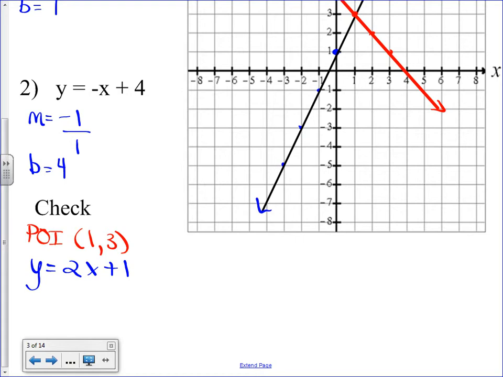What will it look like, Trevor, when I substitute my point of intersection into this equation? I know y is equal to what? So I can put 3 here because that's what y is. Then 2 bracket 1 plus 1.